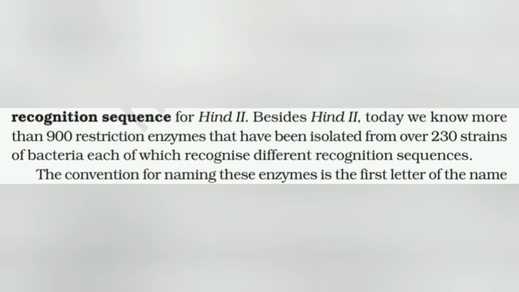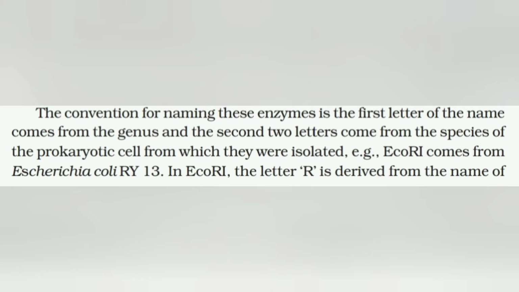Besides HindII, today we know more than 900 restriction enzymes that have been isolated from over 230 strains of bacteria, each of which recognize different recognition sequences. The convention for naming these enzymes is the first letter of the name comes from the genus and the second two letters come from the species of the prokaryotic cell from which they were isolated.